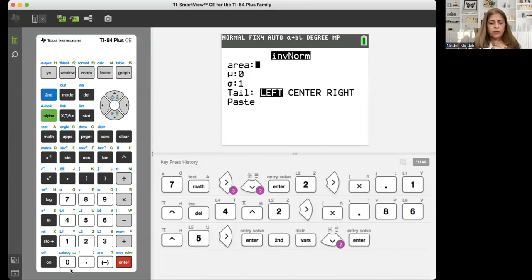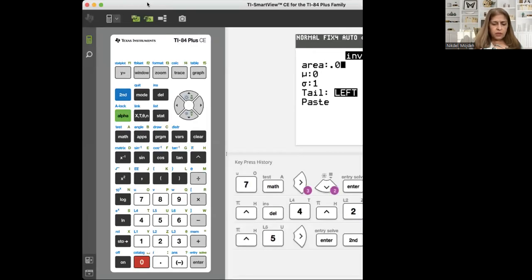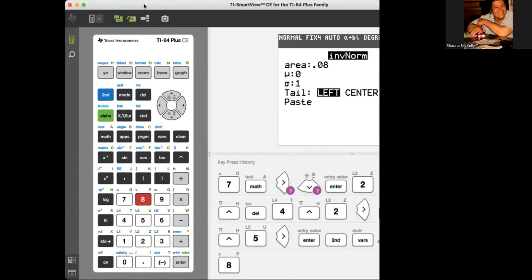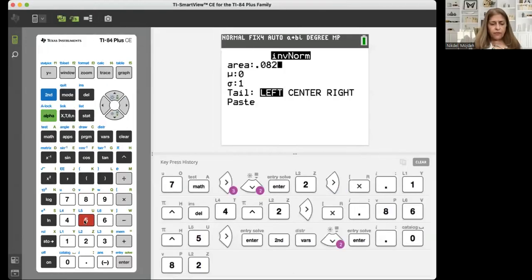The area was 0.0825. Mu is 0, sigma is 1. We are looking at the left tail. Some of you may not have the left tail or center or right. Ignore that.